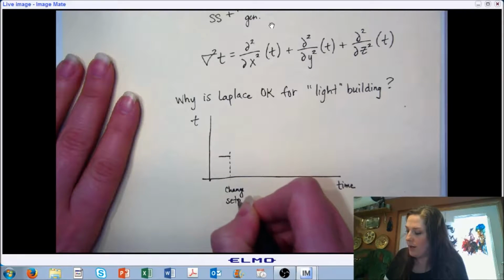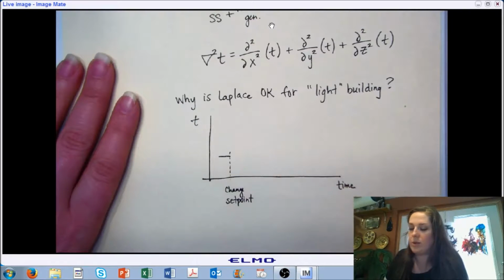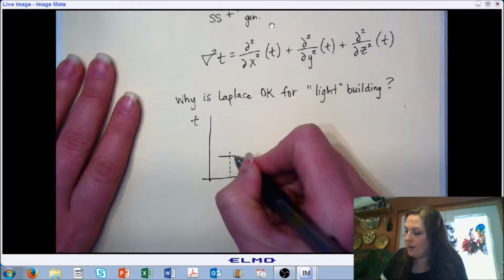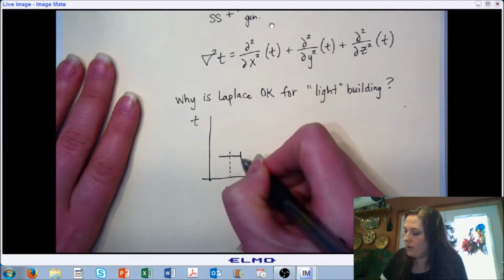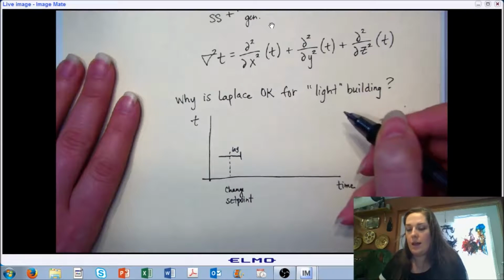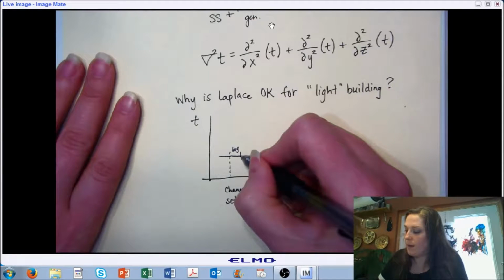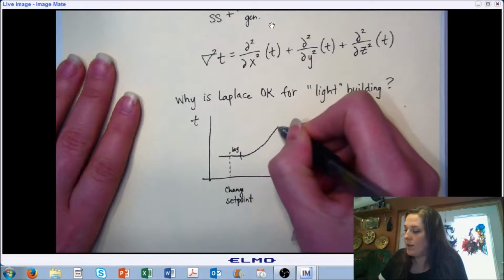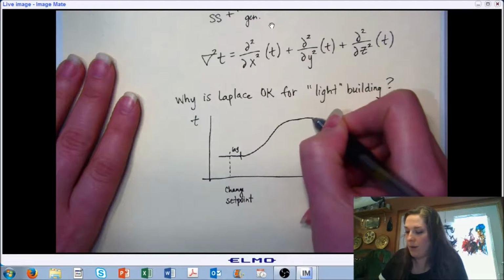So we're initiating a change in temperature of our structure. There will be some lag in the temperature change. But then we start to see an impact, with the actual temperature within our structure starting to change, and then it's going to go to the new set point.